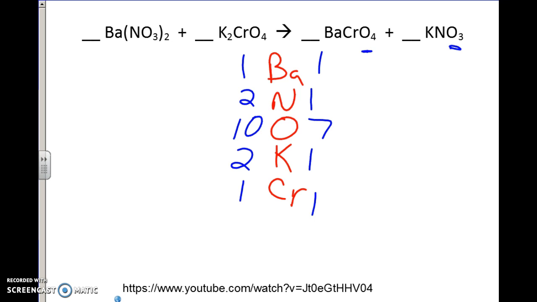Either way, I'm going to put a 2 here. That's going to bring my nitrogen count up to 2 and my potassium count up to 2. It's going to give me 6 oxygens here and 4 oxygens here. So that's 10 oxygens on this side, and voila, I am done.